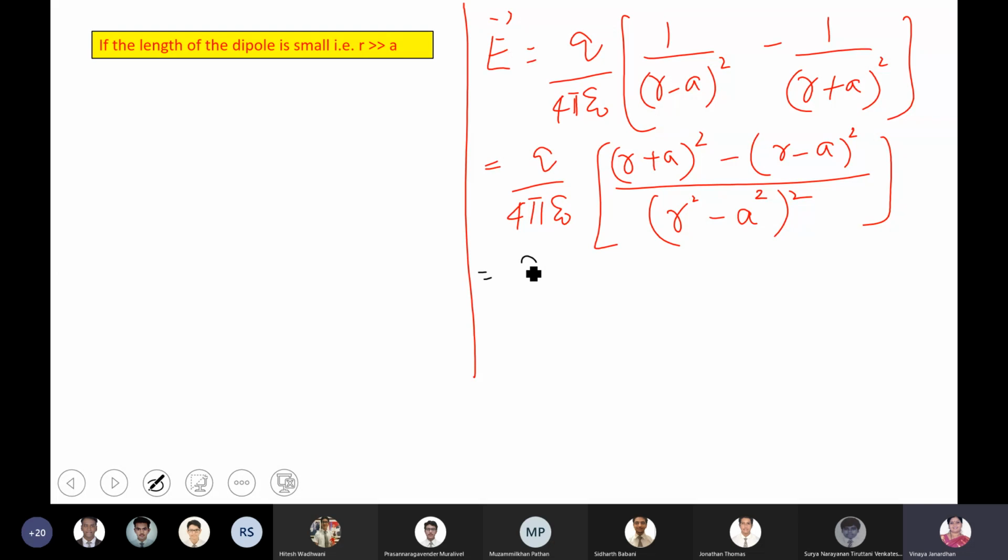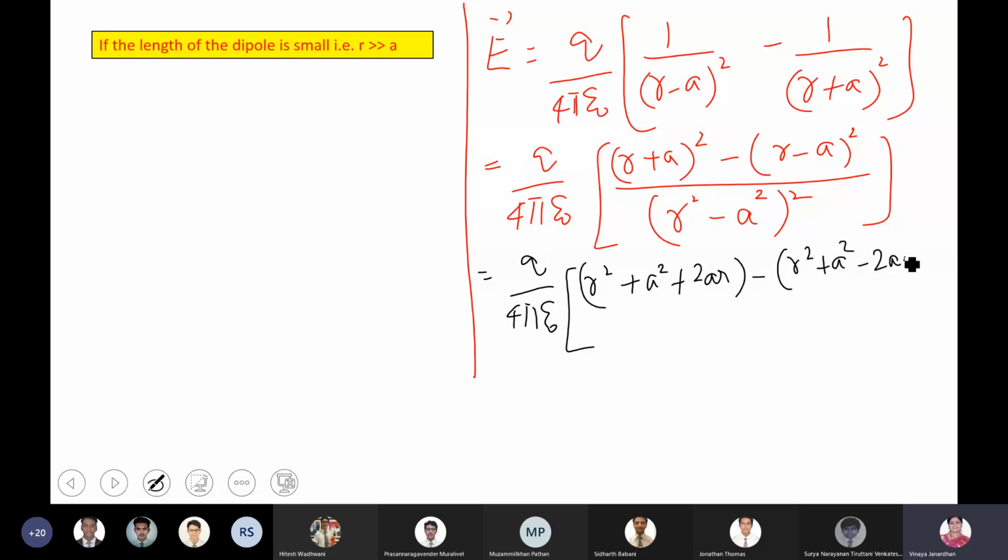So this will be Q by 4 pi epsilon naught. The numerator is R square plus A square plus 2AR, right boys? Minus R square plus A square minus 2AR, divided by R square minus A square, the whole square. Is that clear?